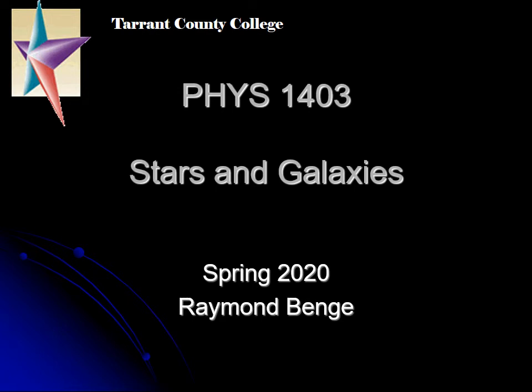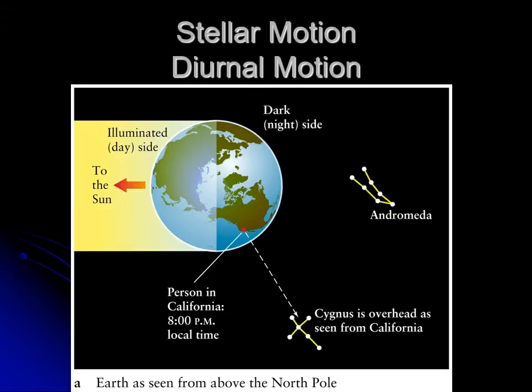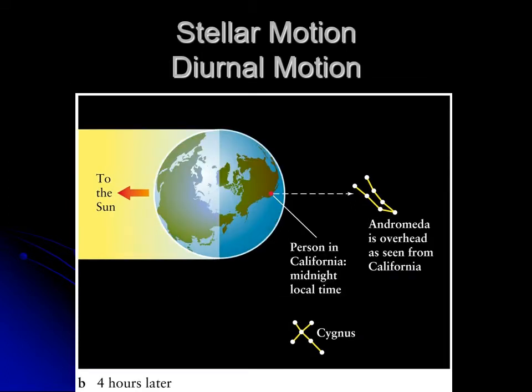Our next topic of study here is motion in the sky. First thing we're going to talk about is what you see when you look up. You go out at night, you look up and you see stars, but if you go out and look a little bit later, you see different stars. So what's going on here?